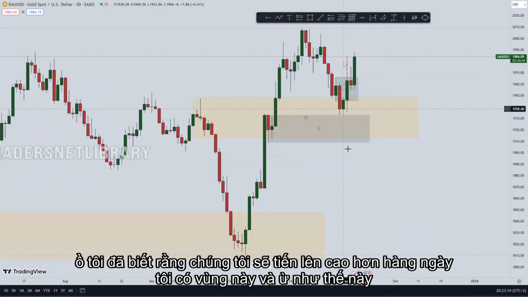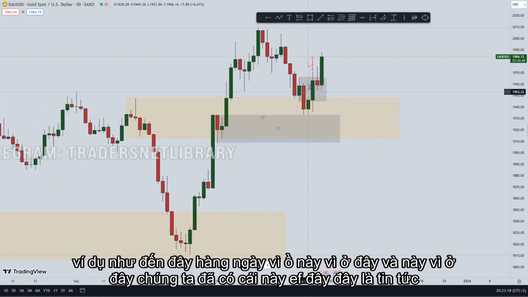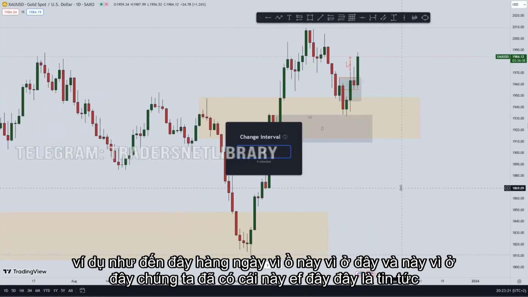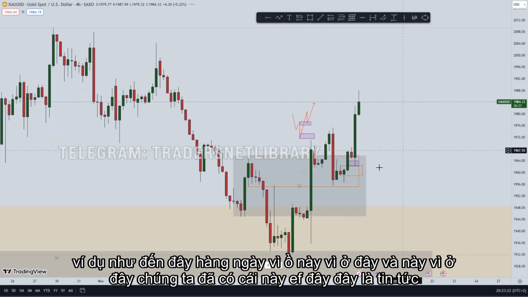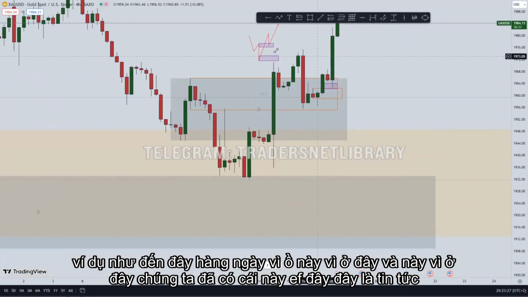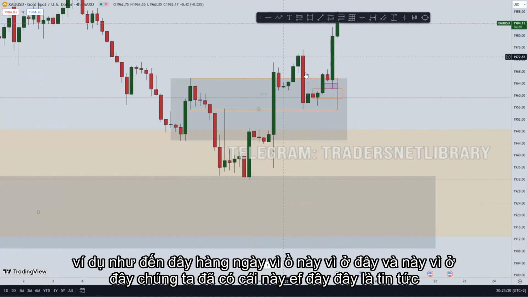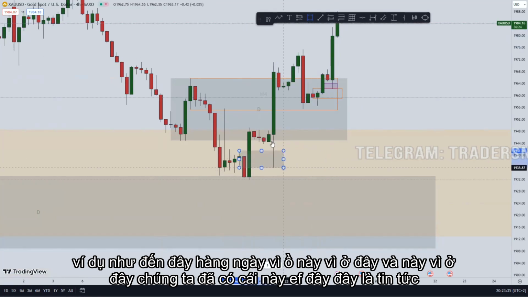Daily, I had this zone, plus this EG buy here on a daily. So wait for H4 here. We had this EF here.